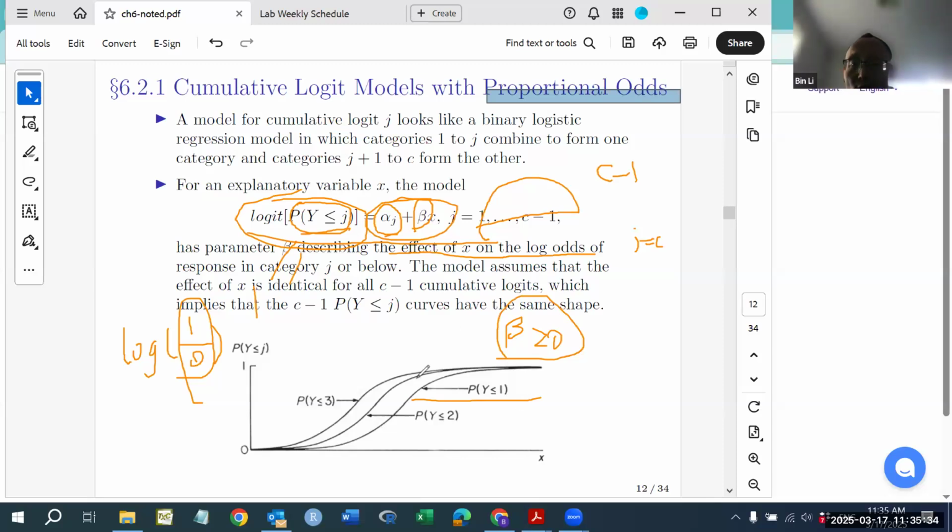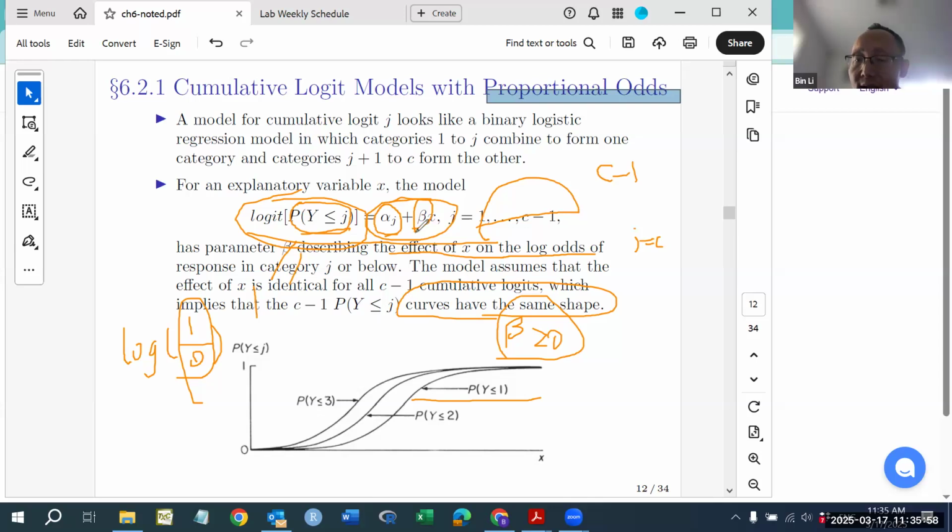These 3 curves all have the same shape. That's very important, because beta is constant. Beta is the same for Y no greater than 1, Y no greater than 2, and Y no greater than 3.